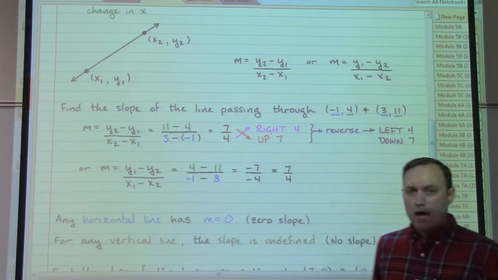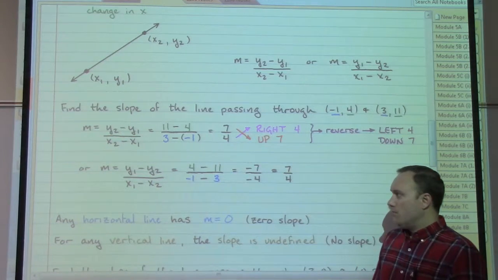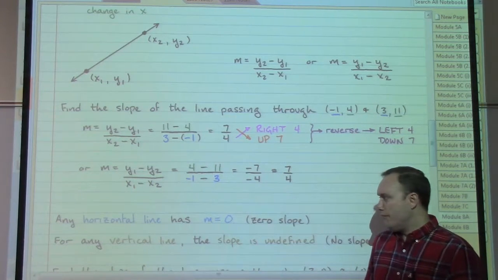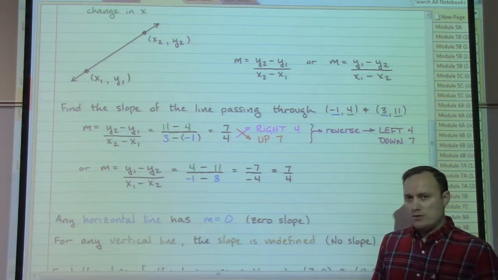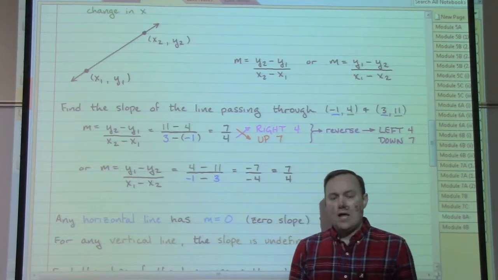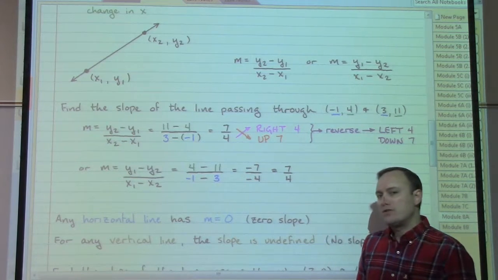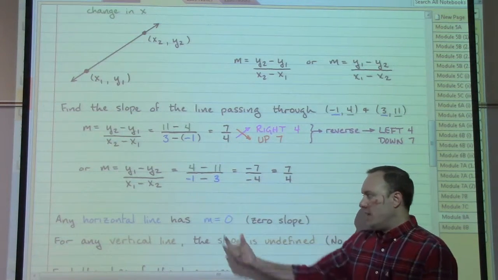What could we say, if anything, about the slopes for those? Well, our formulas can be helpful, and if we use the formulas and try to see how things play out, it turns out that horizontal lines do have a slope. There is an answer that comes from that slope formula, and the answer is 0.